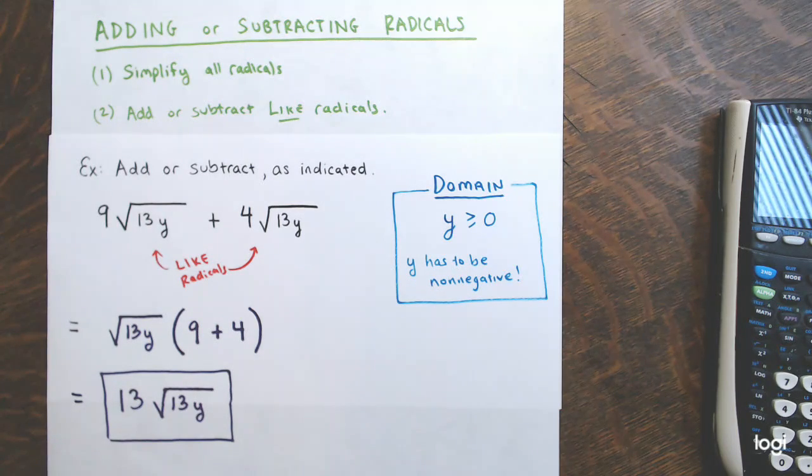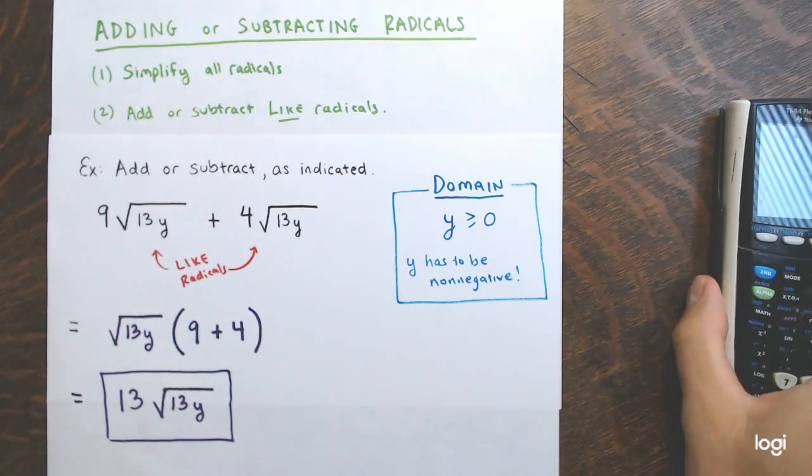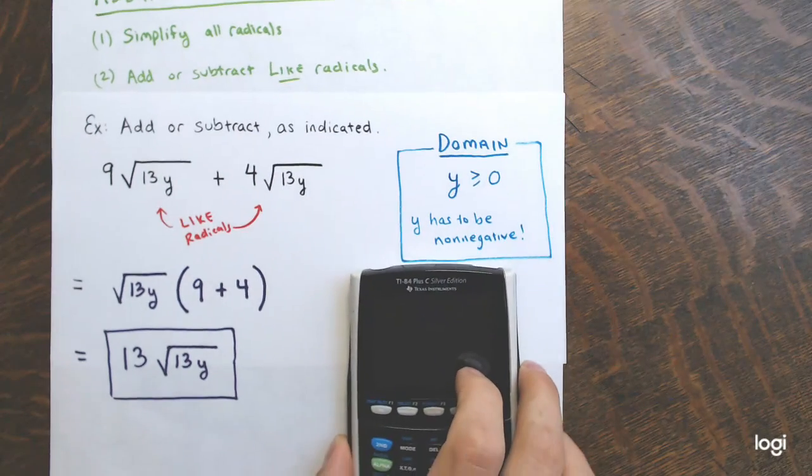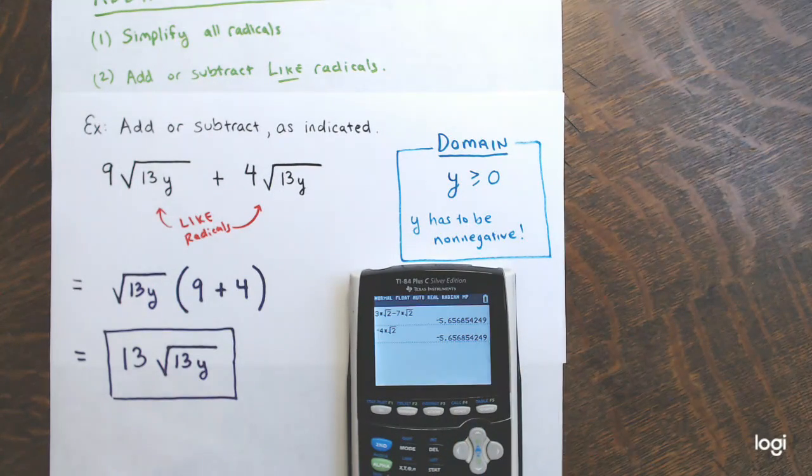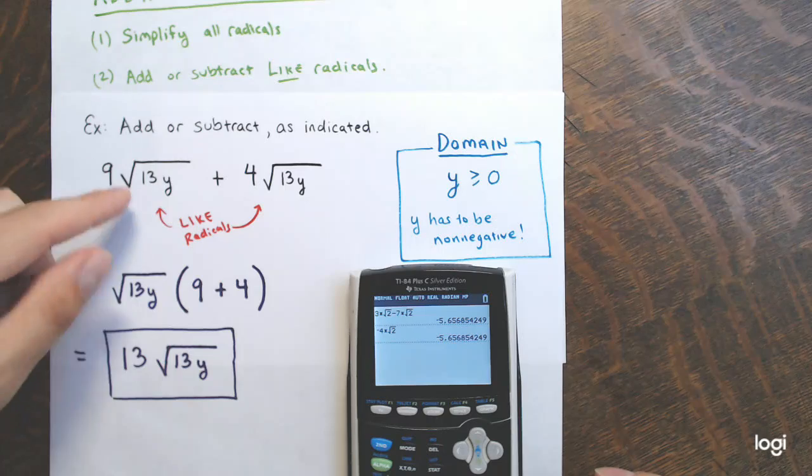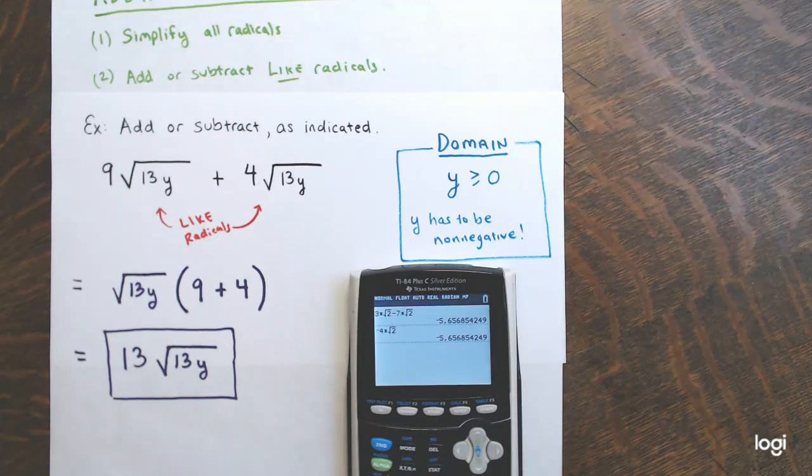I'm just going to do one test. You can do it many times if you want, check other numbers, but let me pick y to be like 3. All right, I'm just going to put 3 in for y, and I'll use my calculator here to test if these expressions are indeed equal when y is 3. And again, you can do it when y is 5 or 7 or 1,000,000 or 1/3 or any non-negative number you want. Do that on your own.